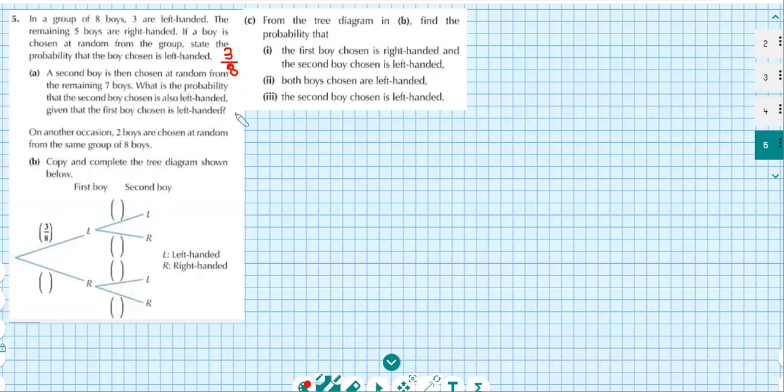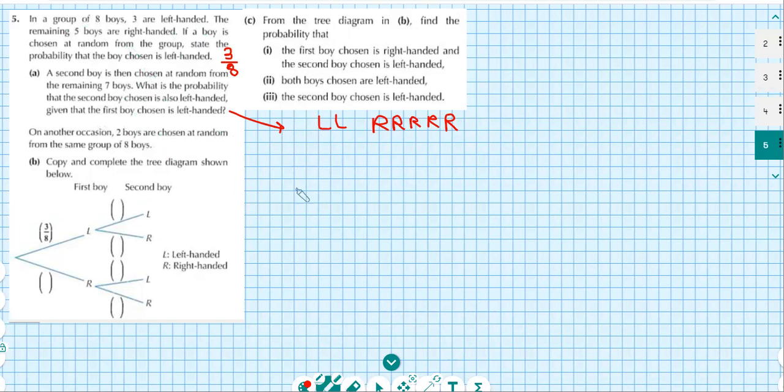So these are dependent events. If I write here, there are 3 left-handed, left, left, left, and 5 right-handed, right, right, right. Given that the first boy chosen is left-handed, we have to remove this left-handed boy first.